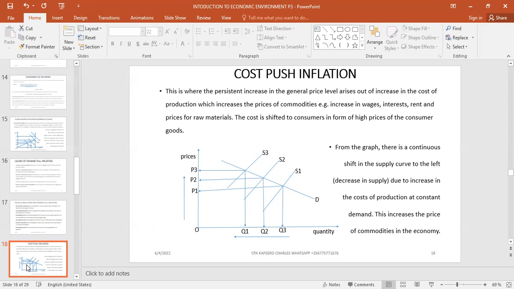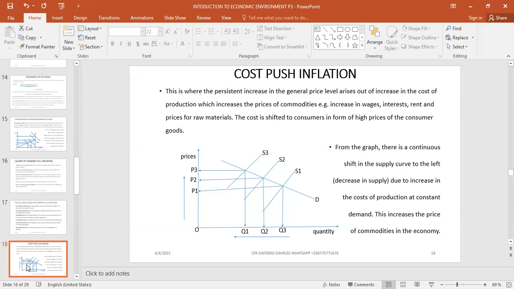When the costs are high, someone has to add a profit component to that cost so that they can set a selling price. So when the costs are increasing and they put a profit component, the selling price is going to be high for the goods.